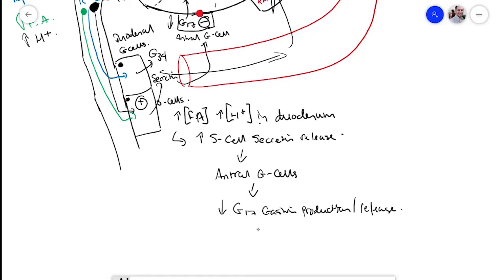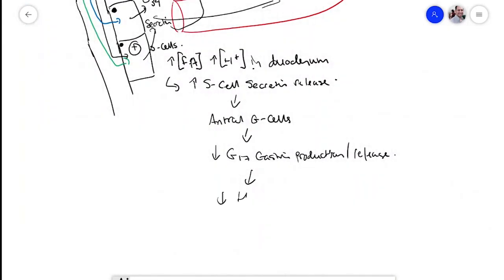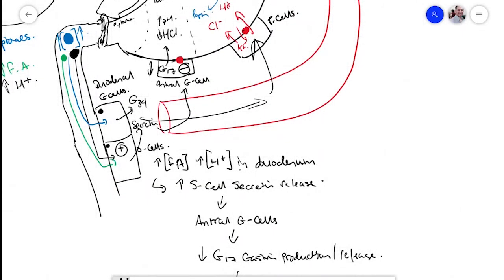What does that do? It decreases HCl, which then increases stomach pH. So that's one thing that it does. That is mainly, though, I would say, in response to fatty acids.